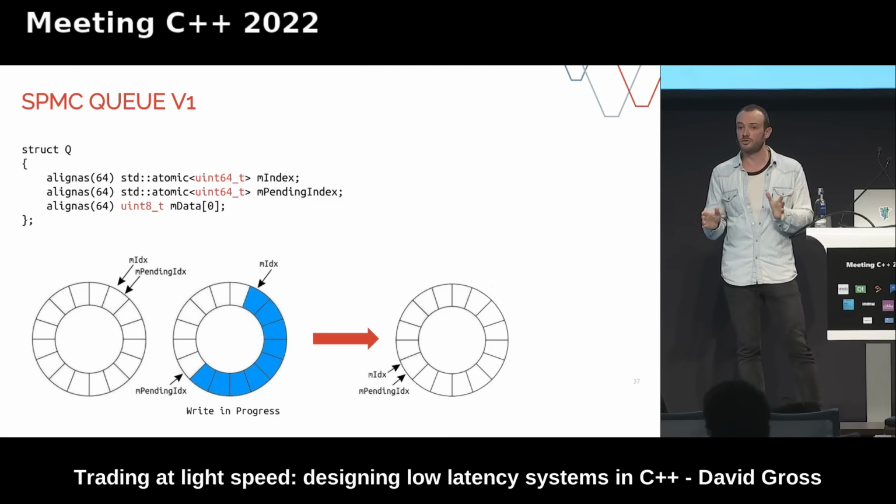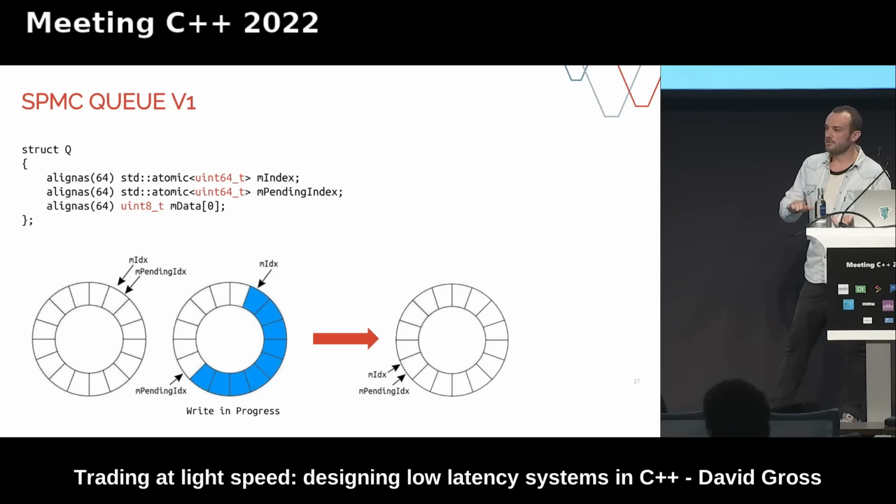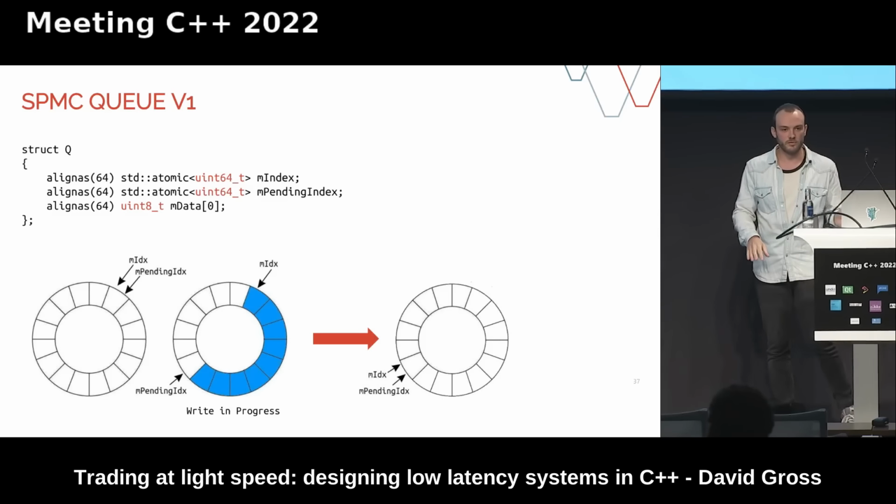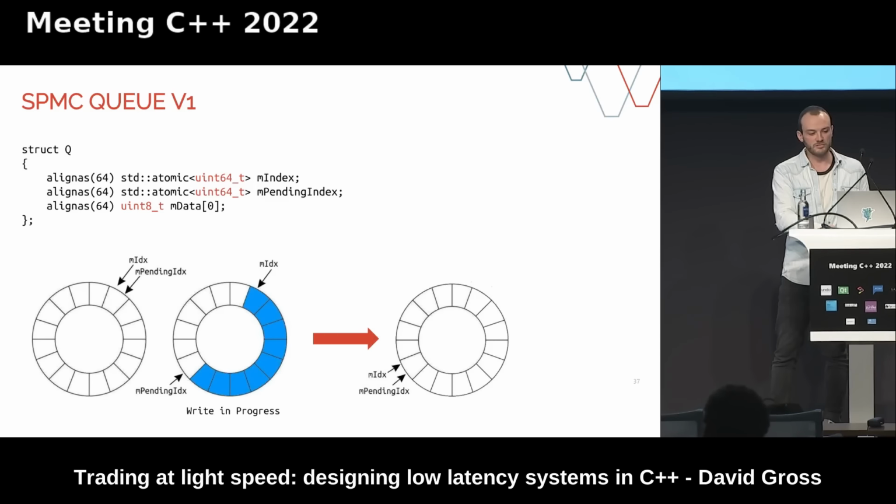The writer doesn't really know where they are. So the writer is going to update this pending index, then copy the data, and then update the index. That's how we will detect that there is an overflow. Again, we align this index to 64 bytes. This is again very x86 oriented.